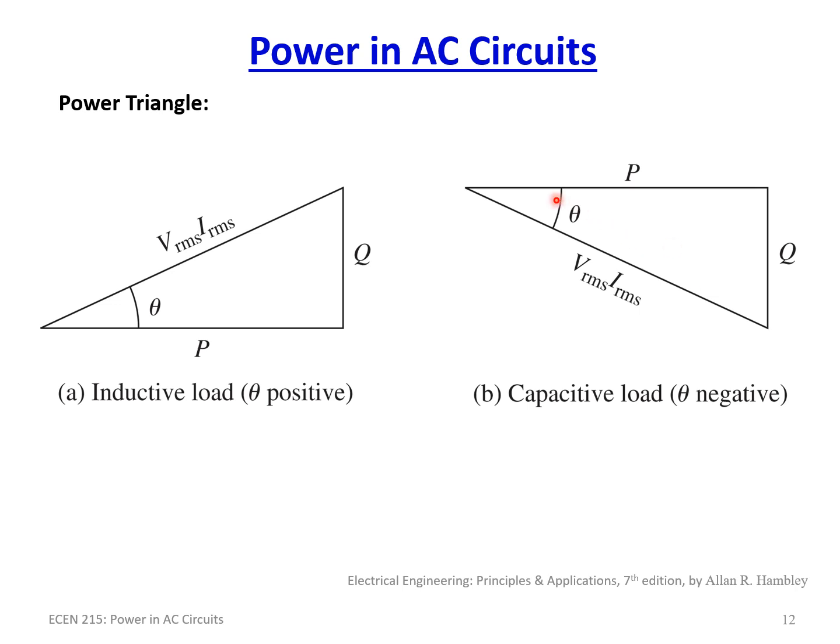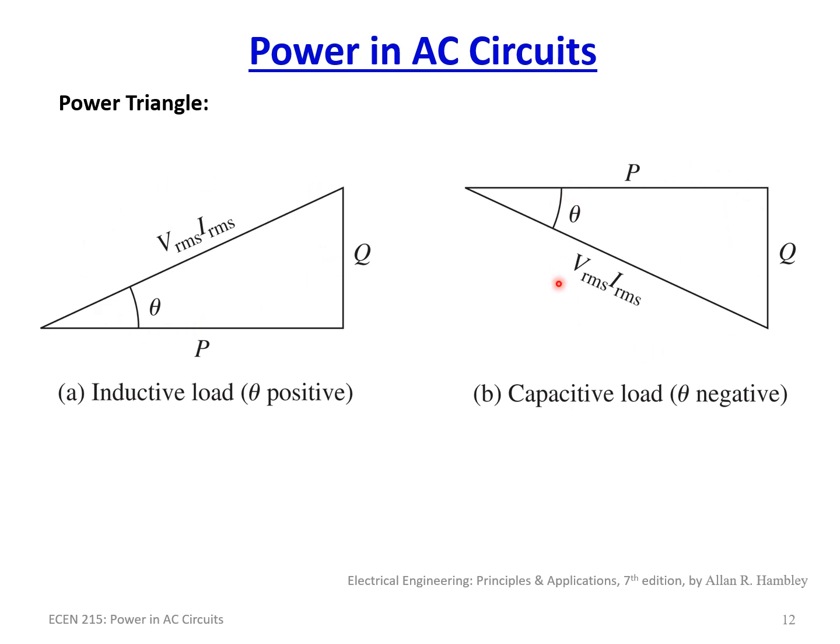So theta is negative. Again, if you're lagging, your theta is positive. If you're leading, your theta is negative. And here, Q happens to be negative power. Again, these are in units of VARs, volt ampere reactive. So lagging would be this, leading is this.